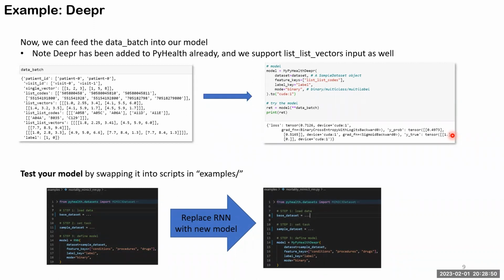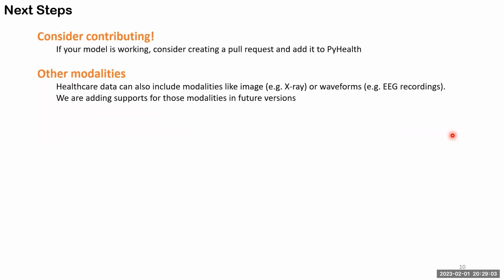What I did is literally just replace that RNN with my PyHealth Deepr, and then you can test your performance by running the script. That's actually pretty much the end of it. But if your model does work, you should consider contributing, because it's such a small step between having a working model and creating a pull request to merge a new model into the PyHealth model zoo, I guess.